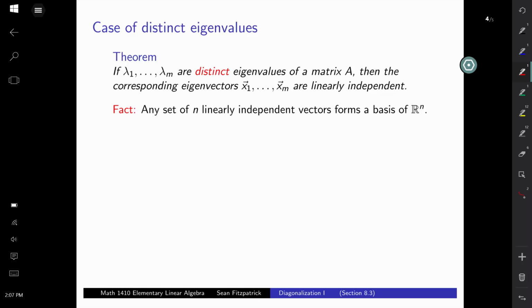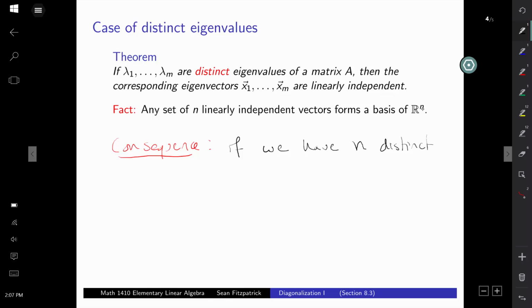Some of the details are given in the textbook if you want to see it. But a consequence of this fact is that if we have n distinct eigenvalues, so if all of the eigenvalues are different, and this is the case of an n by n matrix, right?